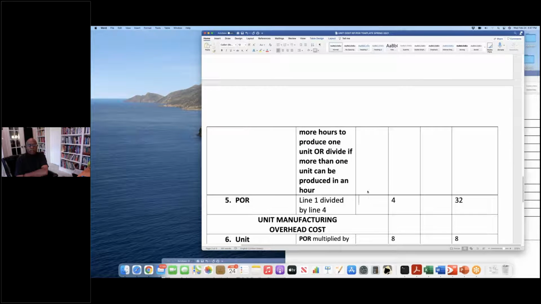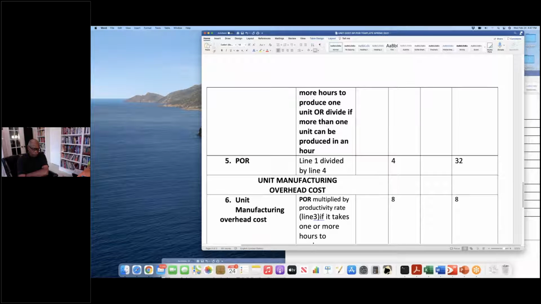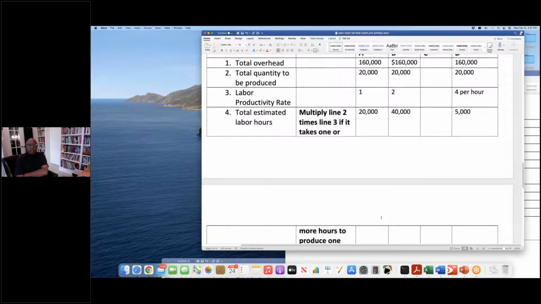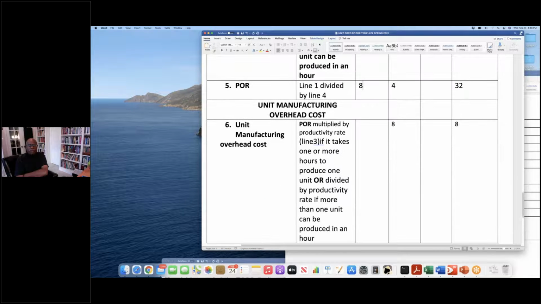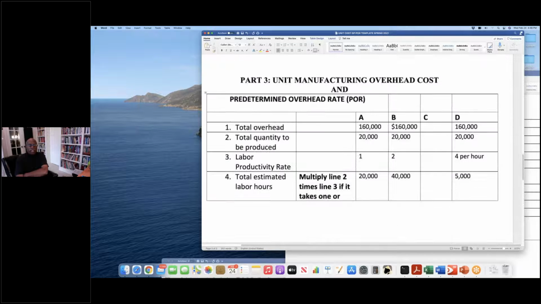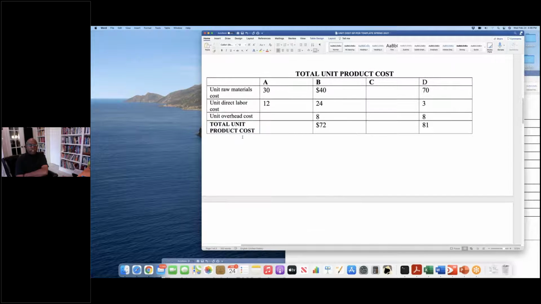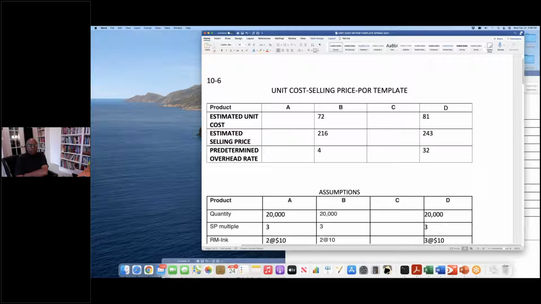So what's our POR going to be? 8. 160,000 divided by 20,000. So we divide 160 by 20, we get 8. Then multiply 8 by 1, you get 8. Our productivity rate is going to be 8 also. So with the POR, we have our answer for the POR, 8.